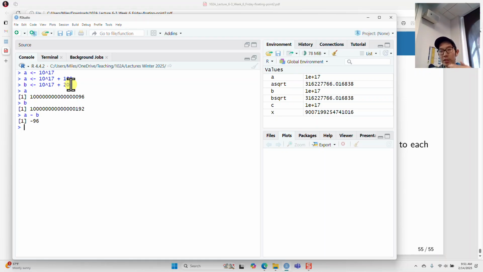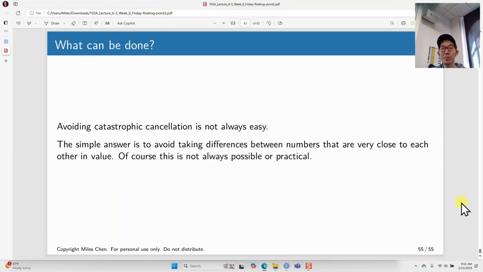However, when you take these differences, the amount of error gets suddenly much bigger, okay? And that's known as catastrophic cancellation. Basically, you want to avoid taking differences of numbers that are similar to each other.